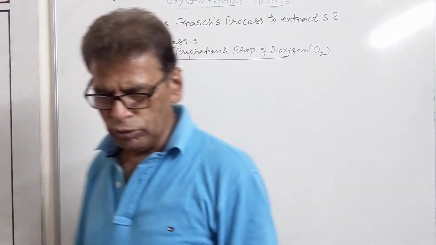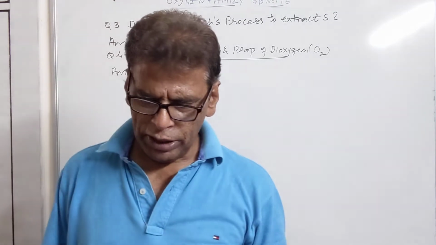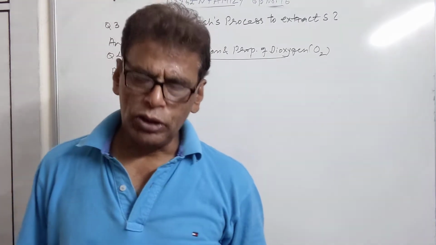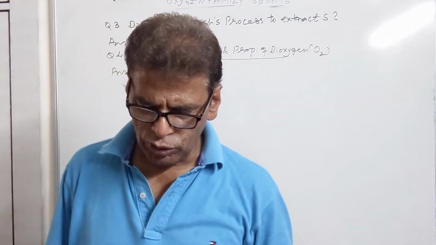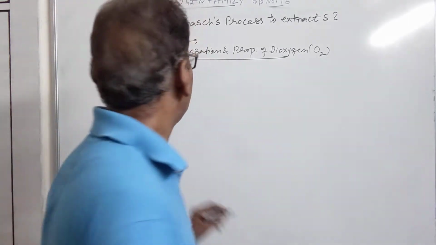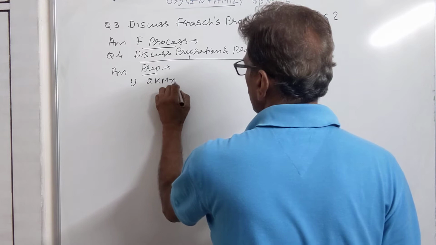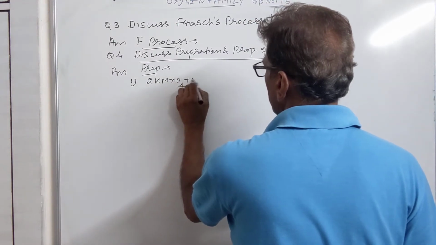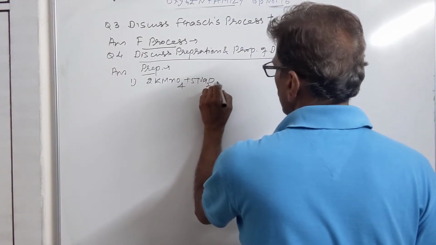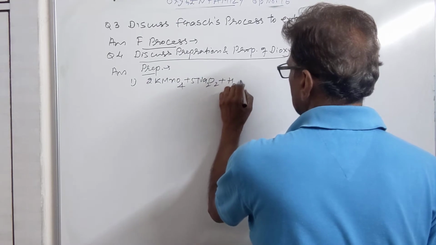Preparations of dioxygen. It can be prepared from the mixture of potassium permanganate and sodium peroxide. So heating 2 KMnO4 with 5 Na2O2 and concentrated sulfuric acid.